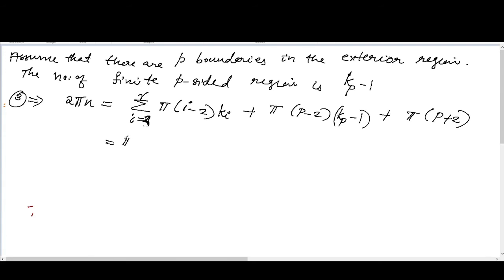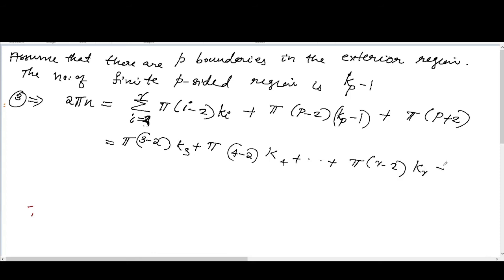So this is pi into 3 minus 2 into k3 plus pi into 4 minus 2 into k4 plus etc. plus pi into r minus 2 into kr plus pi into p minus 2 into kp minus pi into p minus 2, then pi into p plus 2.